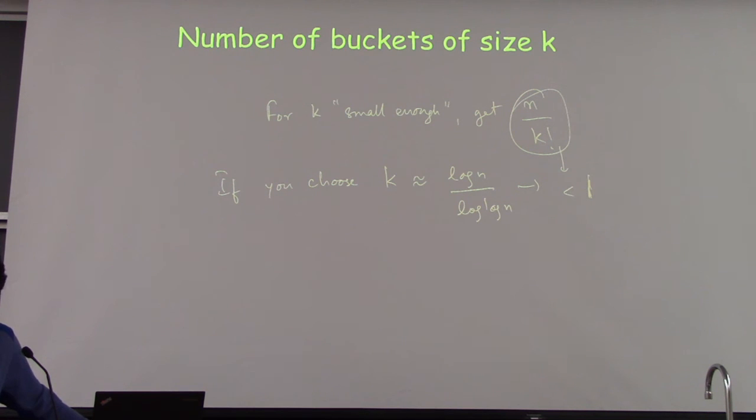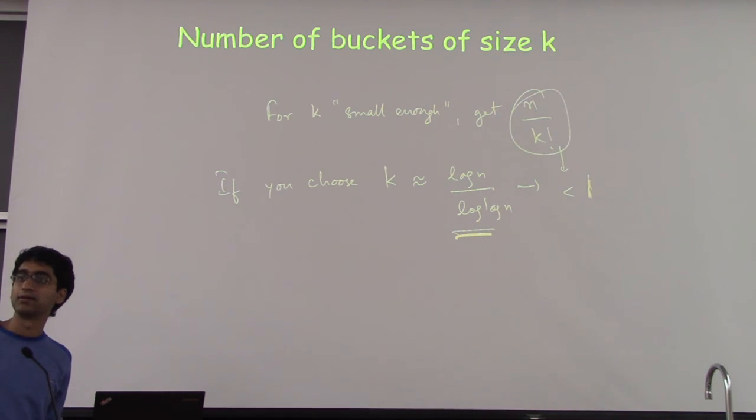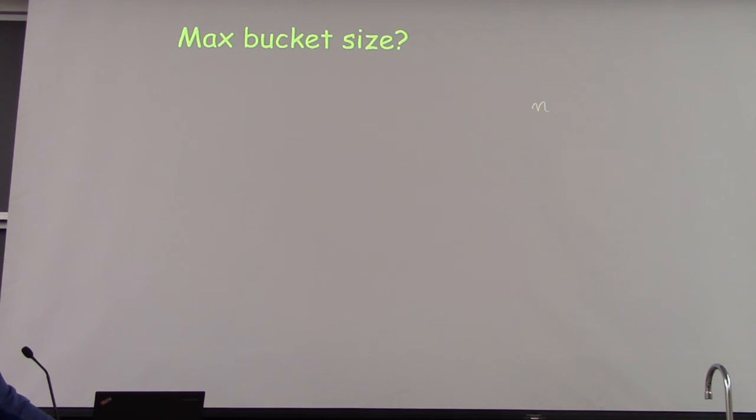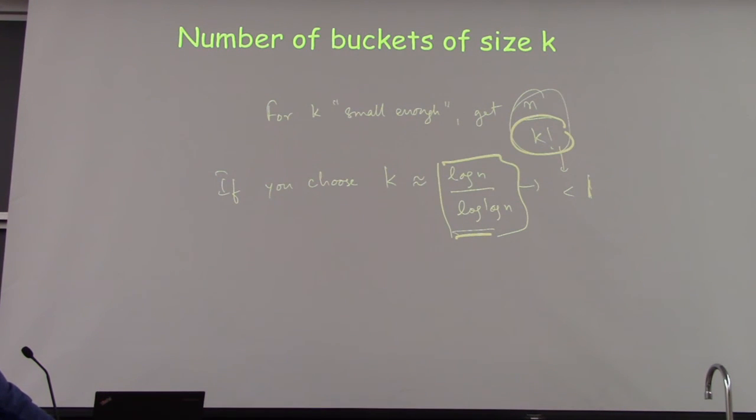Again, if you don't know, you just have to believe me for now, but the question we are asking is, for what k does k factorial become bigger than n? This is a well studied thing in math, and it turns out that the answer to that is log n by log n. How many of you have seen this? It's one of those things that some calculus courses do.